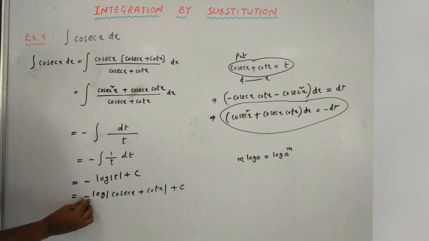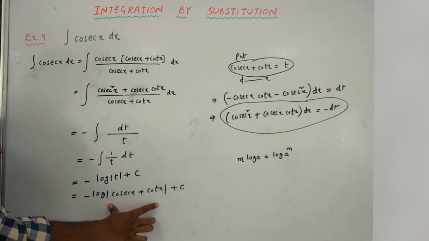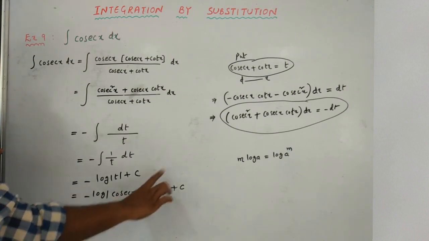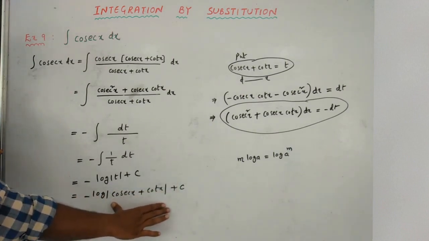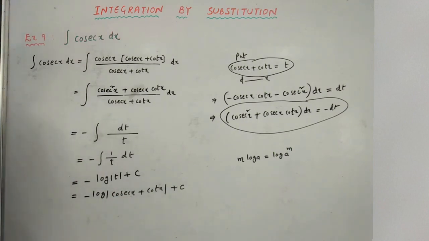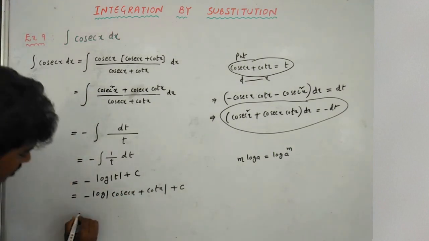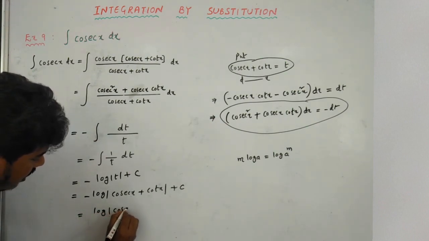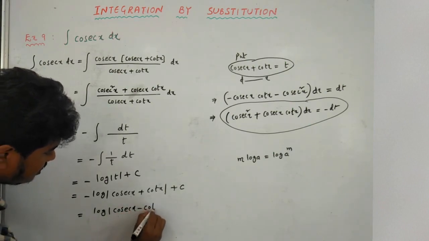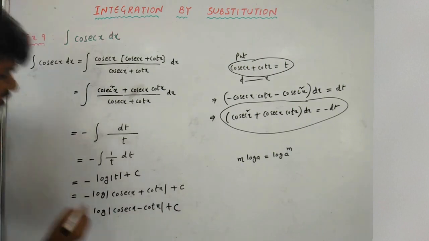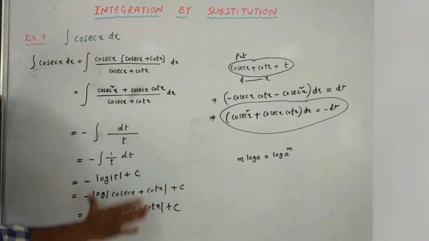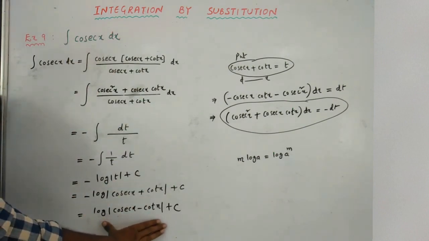Here this minus is just like m, so we can take it as the power. That term will become 1 divided by cosec x plus cot x, which can be written as cosec x minus cot x. So directly I am writing log mod cosec x minus cot x plus c. It is the formula of this one. You should remember the integral of cosec x dx is log mod cosec x minus cot x plus c.